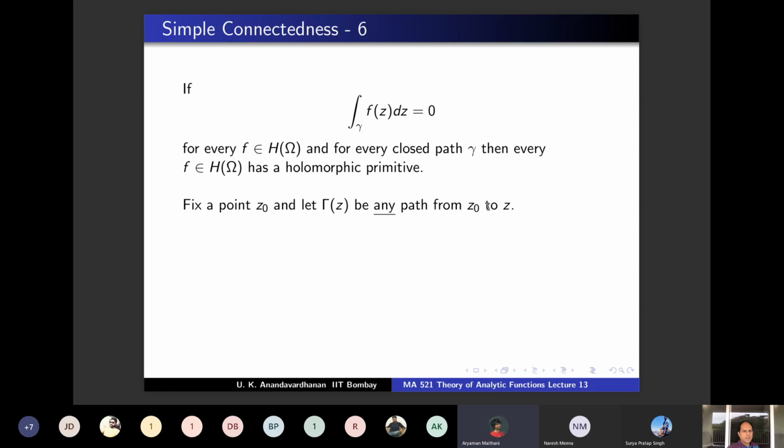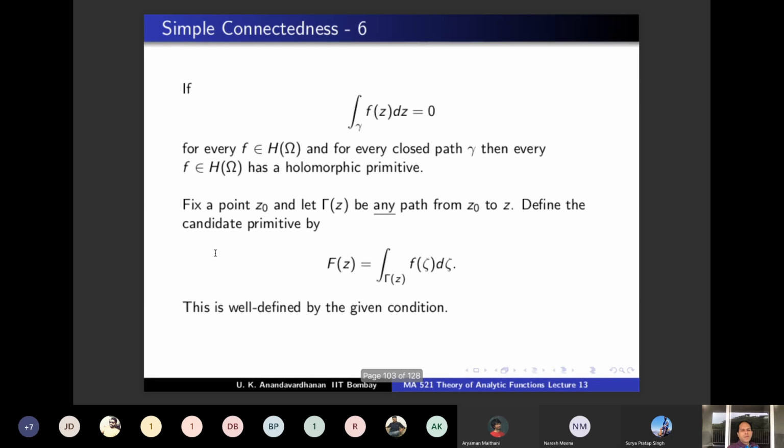Because omega is a region, therefore it's connected, so there is some path. Choose any path. In order to show that an antiderivative exists, you have to give a candidate, show that the function is well defined, and then show that its derivative is actually f. So define the candidate primitive capital F by the integral over this path of f(zeta) d zeta.